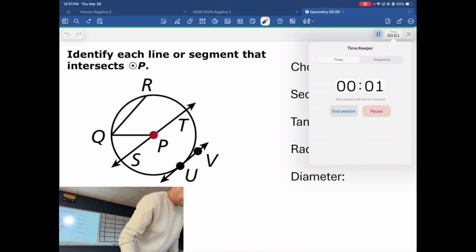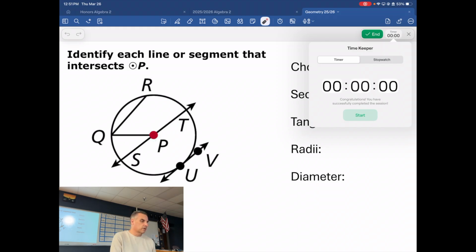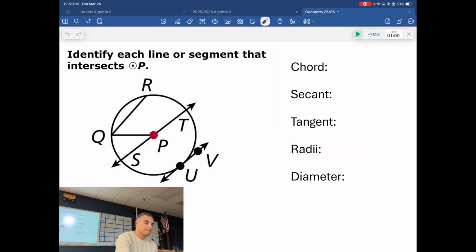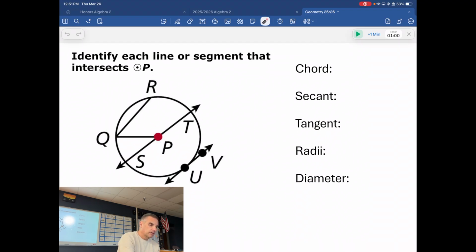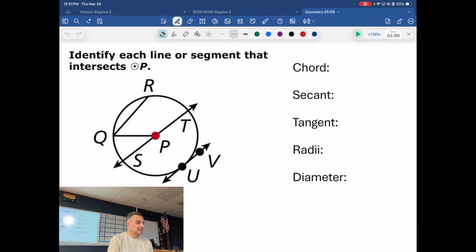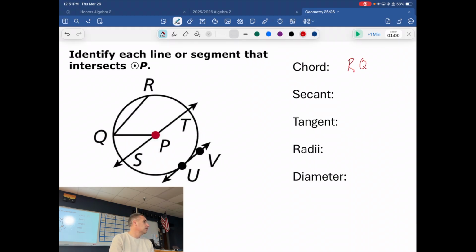Okay, so my chord. Which one's a chord? RQ, and we put a little segment bar over the top of it. Which one of those is a secant? SPT, or you could just say ST, same thing. Which one's the tangent?